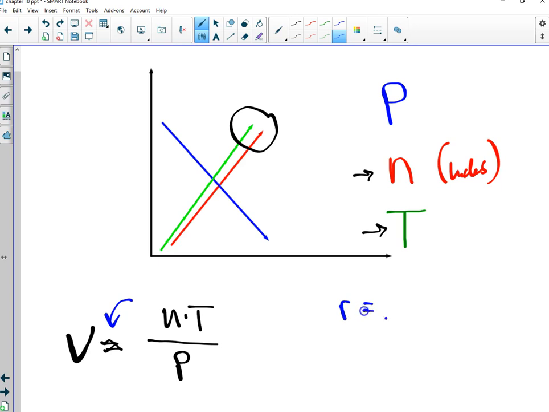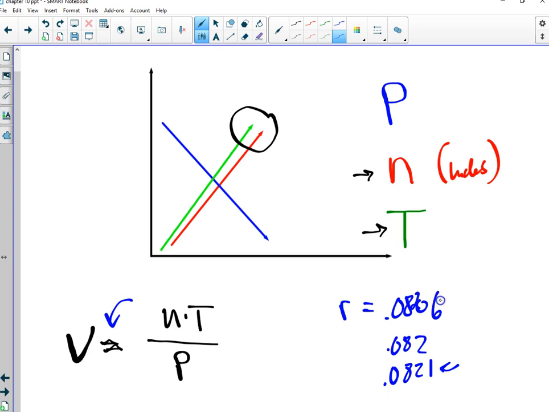And R is equal to 0.08206, technically. So it's 0.082, as you saw in that AP test question, or 0.0821 is what I usually round it to. That's it. That was easy, right?